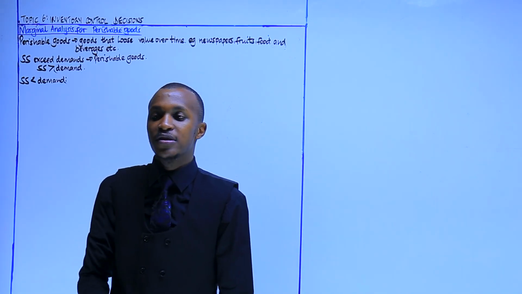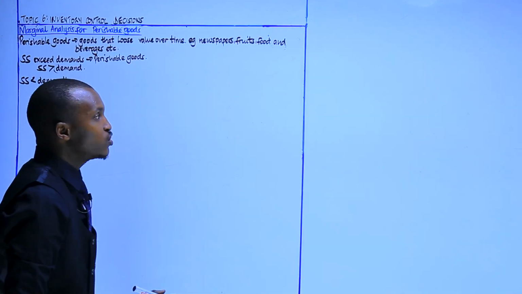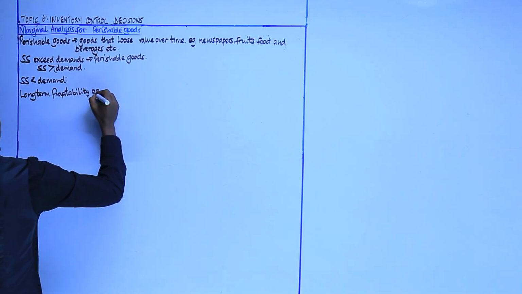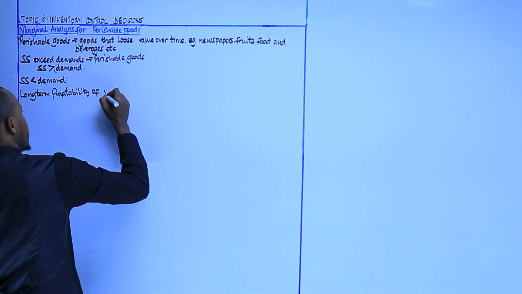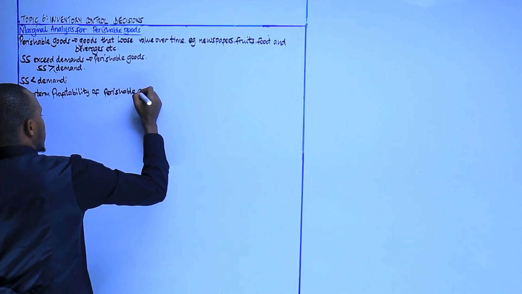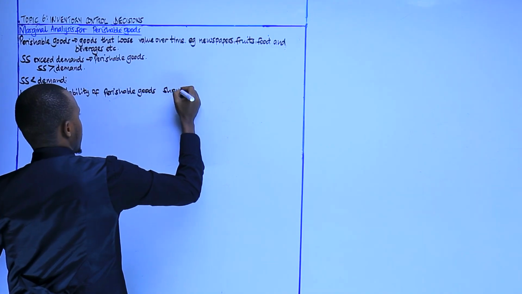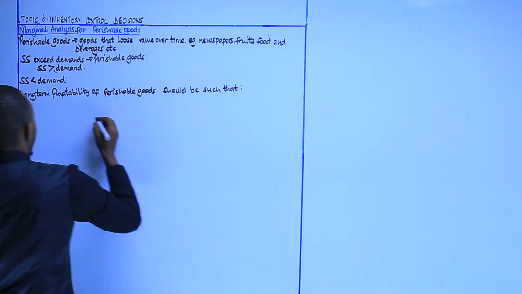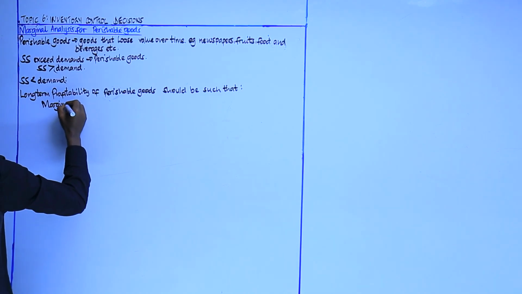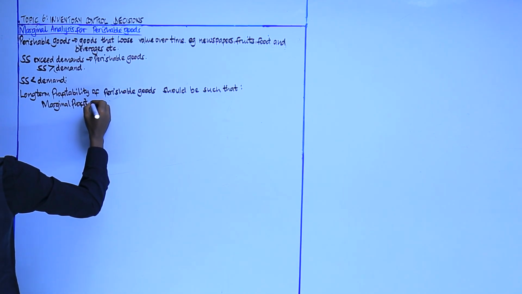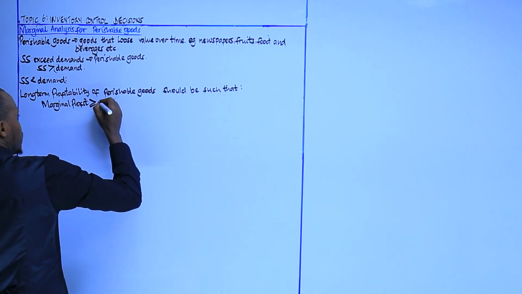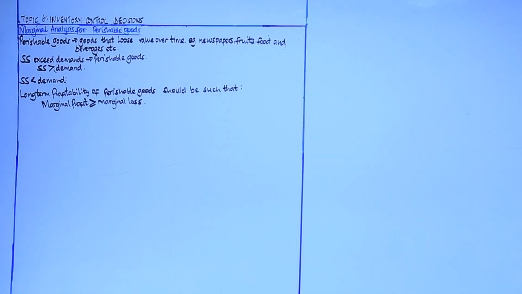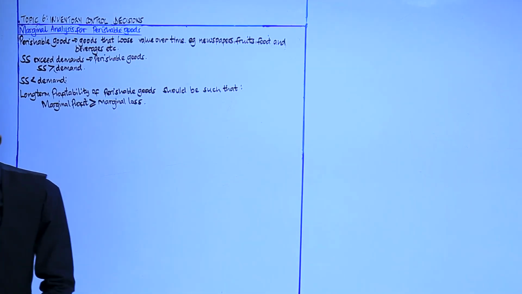Your long-term profitability will be maximized where your marginal profit is higher than your marginal cost. Profitability of perishable goods here should be such that marginal profit is greater than marginal loss. Okay, that is what you want.